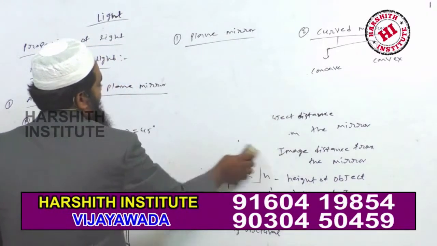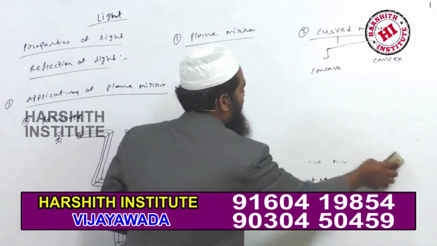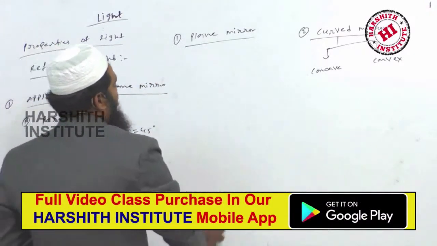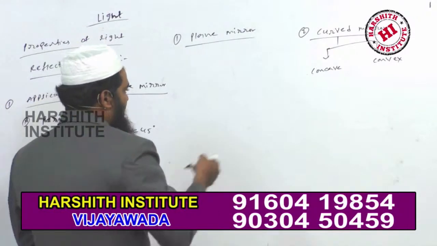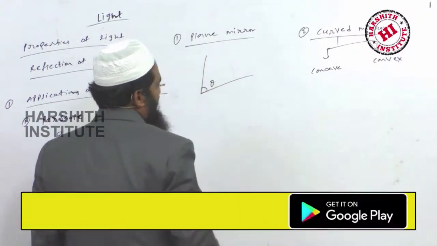Inclined mirrors are mirrors arranged at a particular angle between two plane mirrors, in this type of pattern. This is one mirror, this is another mirror, and this angle will be theta.